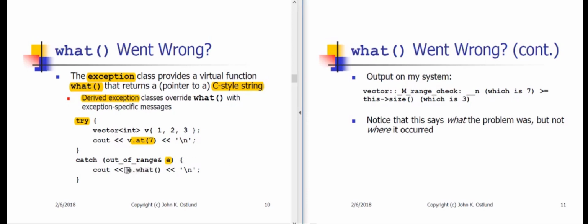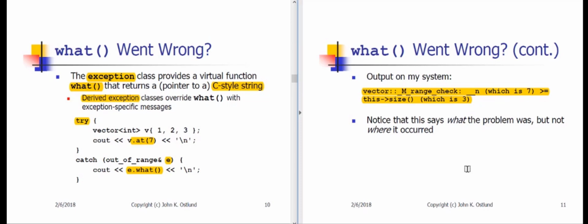We can invoke e.what to find out more details about this particular out of range, and what we get, at least on my system using GNU C++, is in the vector class m_range_check, that is, we're checking the subscript, and the subscript is 7, and that's greater than or equal to the size of the vector, which is 3.